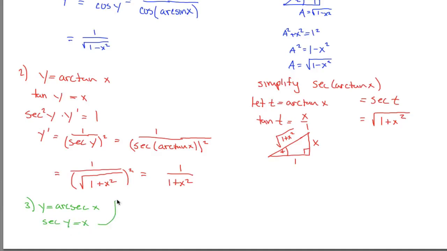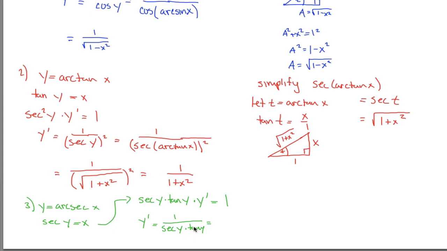So if I take the derivative of both sides of this equation, the derivative of secant of y is secant of y times tangent of y. That's the outside function. I have to multiply that by the derivative of the inside function, which is y prime. And the derivative of x is just 1, so what I get is that y prime is equal to 1 divided by secant of y times tangent of y.